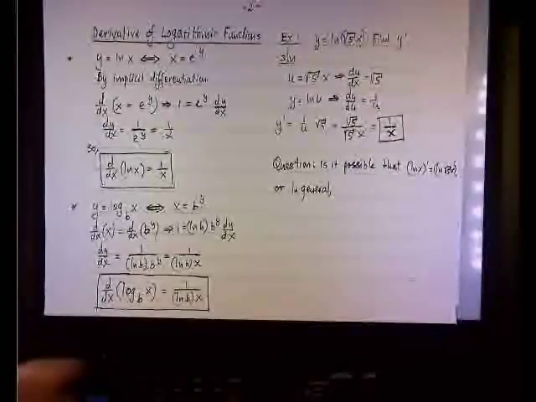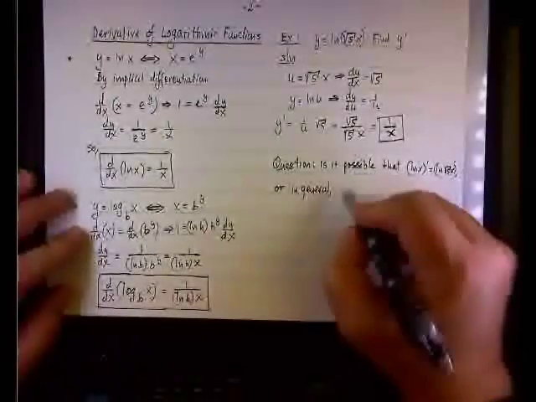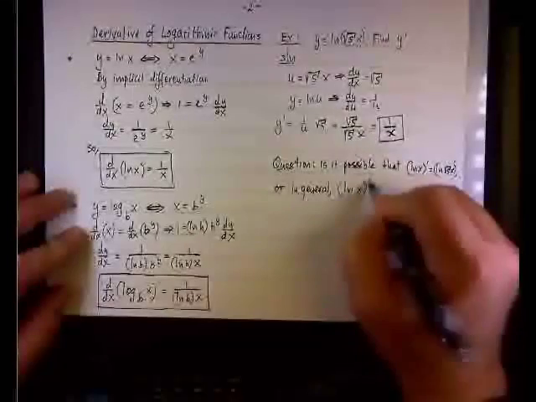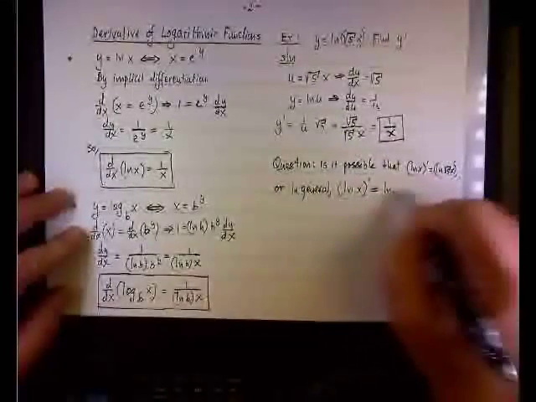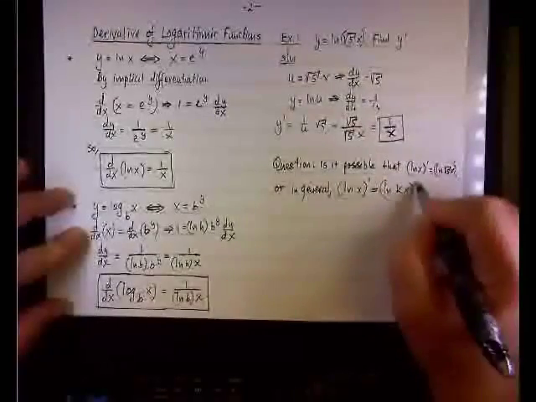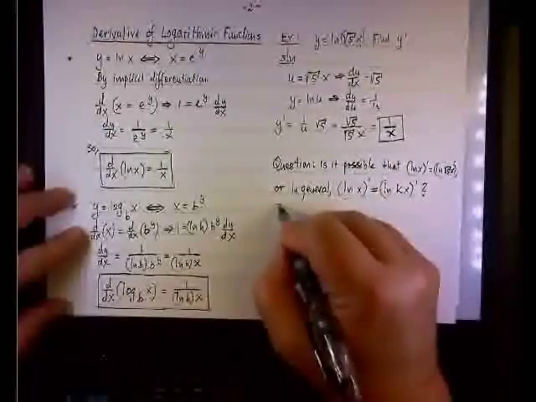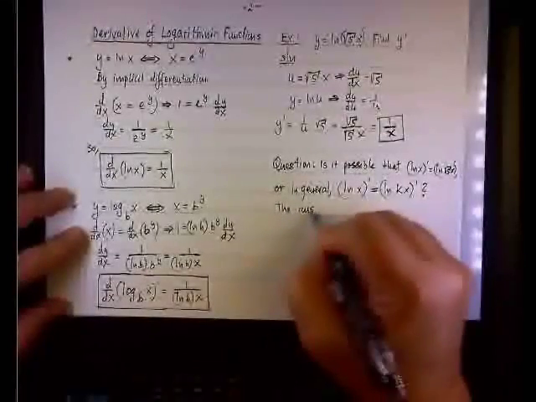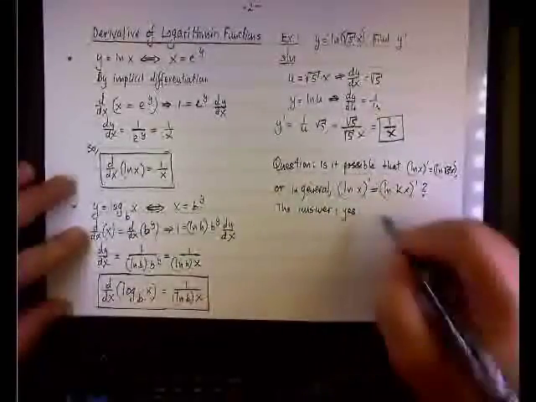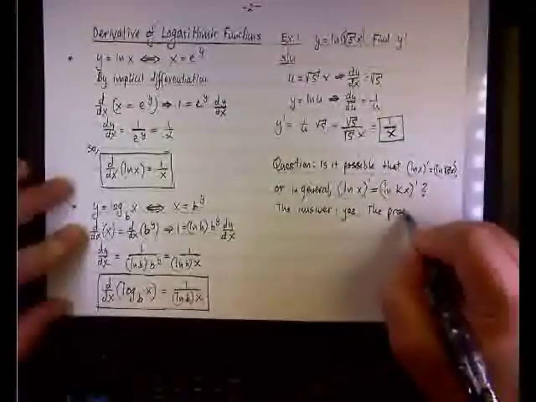I'm going to say, okay, what happens if instead of square root of 5, I have some generic coefficient k? So the derivative of natural log of x, is it possible that it's equal to the derivative of the natural log of kx, like so? Okay? So the answer is yes. The proof is the following.